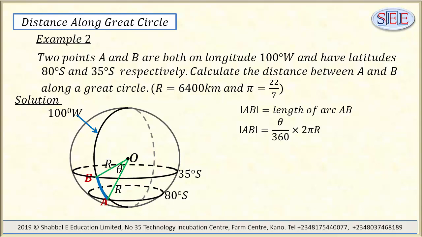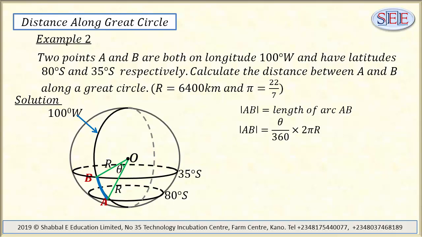So next is to determine my theta. Look at the 2 points. The 2 points are on the same hemisphere, that is the southern hemisphere. So to get theta, we subtract the lower latitude from the higher latitude.